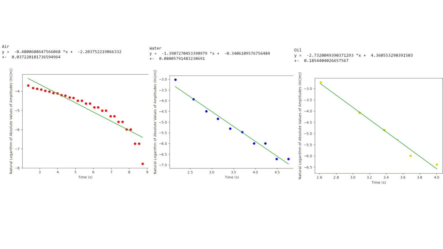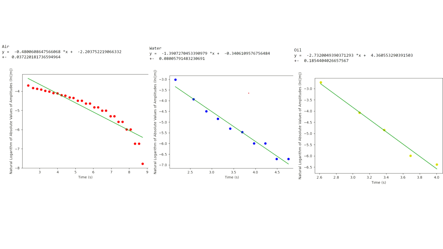But in the case of water and oil, it follows a very straight line. So from only seeing these figures graphically, we can say that both water and oil can be represented fairly accurately by the formula for damped oscillations.